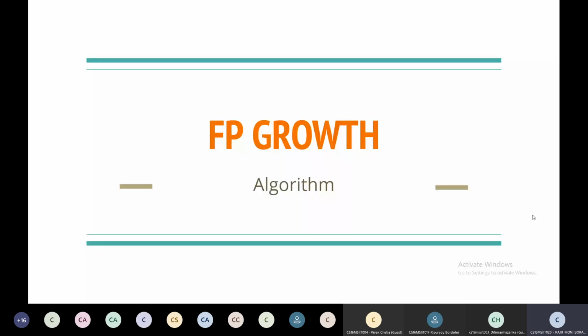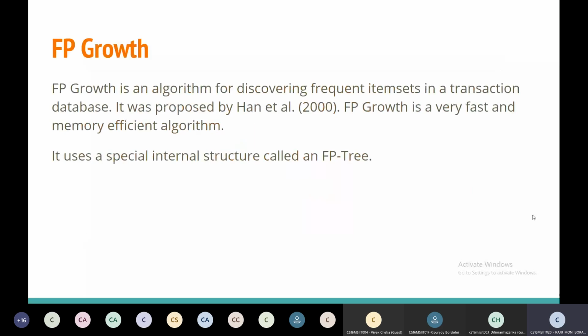So let's start. Basically, what is the FP growth algorithm? Before discussing that, the full form of FP growth is frequent pattern growth. Before starting, we should discuss what basically a pattern is. A pattern in data is a correlation between the data, that is, they have some correlated relationship.